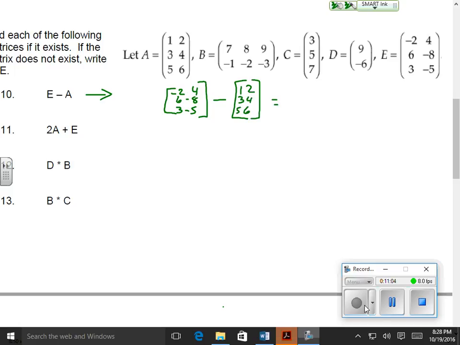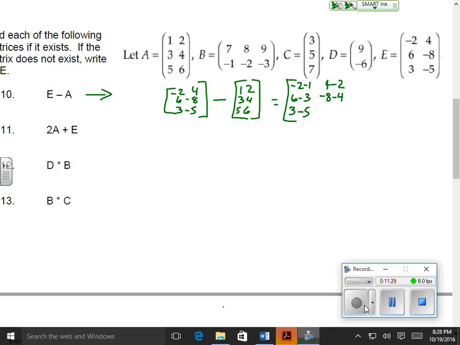And so our resulting matrix will be negative 2 minus 1. Cell 1, 2 is going to be 4 minus 2. Cell 2, 1 is going to be 6 minus 3. Cell 2, 2 is going to be negative 8 minus 4. Cell 3, 1 is going to be 3 minus 5.